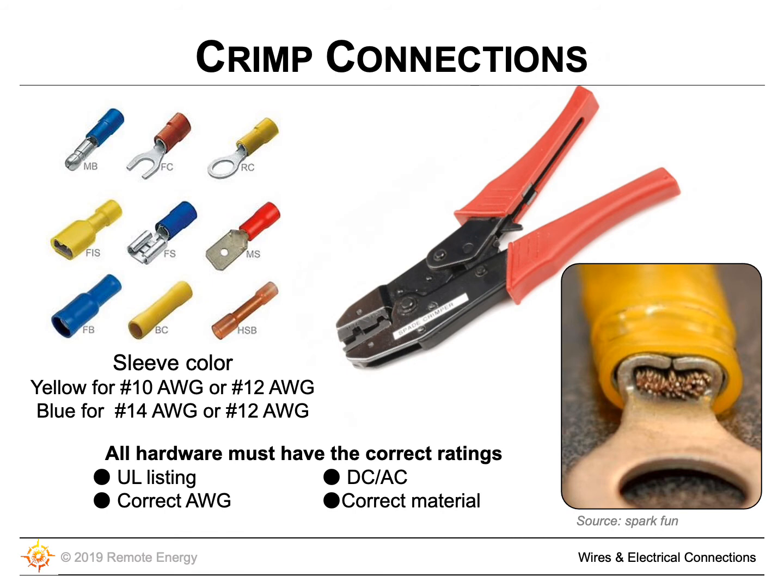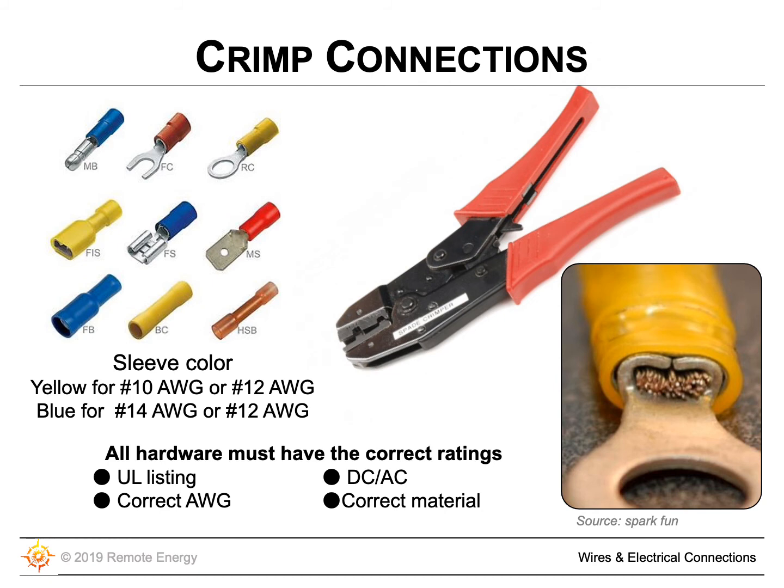Now those colors represent the diameter of the barrel that you would press the wire into before you crimp it, with red being the smallest diameter, moving up to blue, and then yellow is often used for a number 12 or a number 10 American wire gauge size.